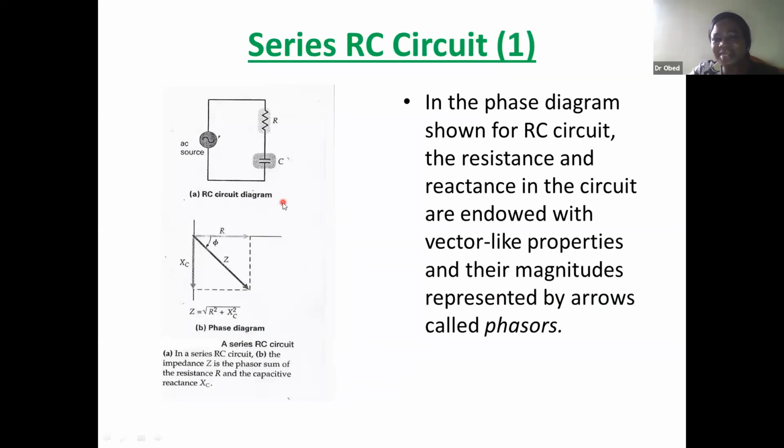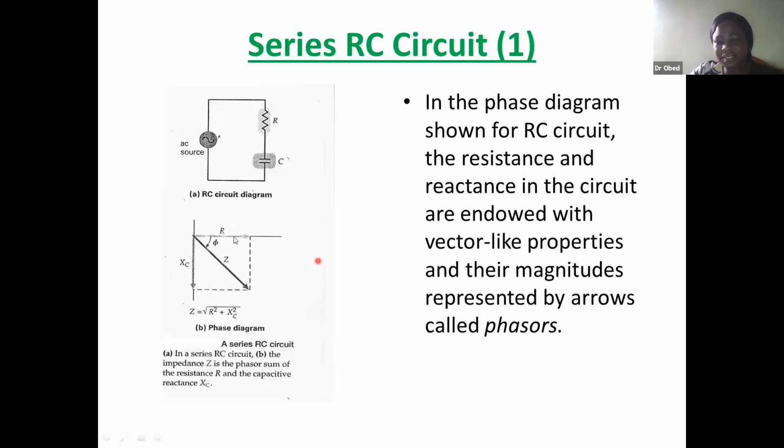So suppose an AC circuit consists of a voltage source, a resistor, and a capacitor connected in series, as shown here. The phase relationship between the current and the voltage is different for each circuit's element.